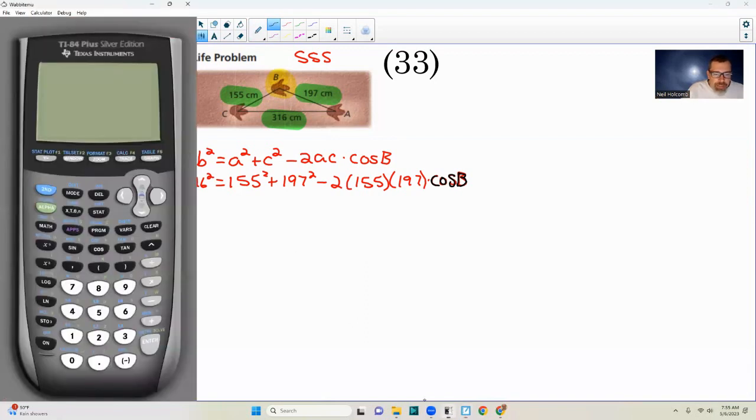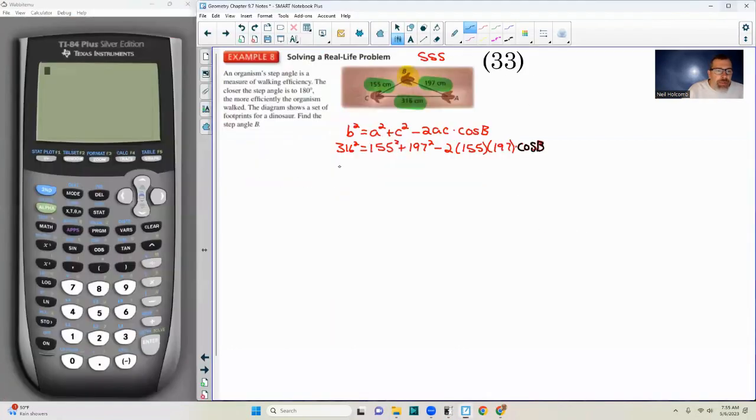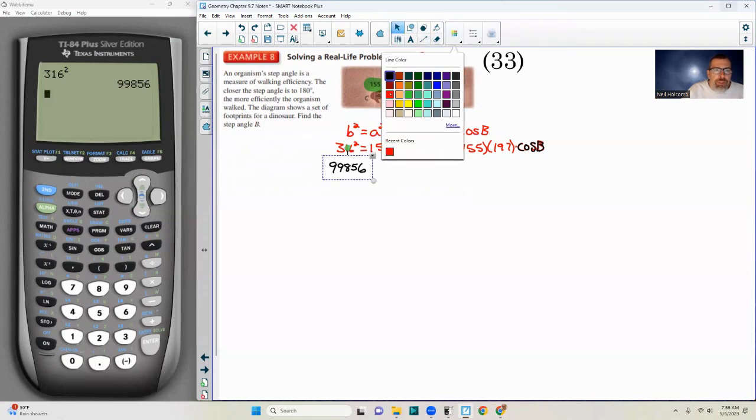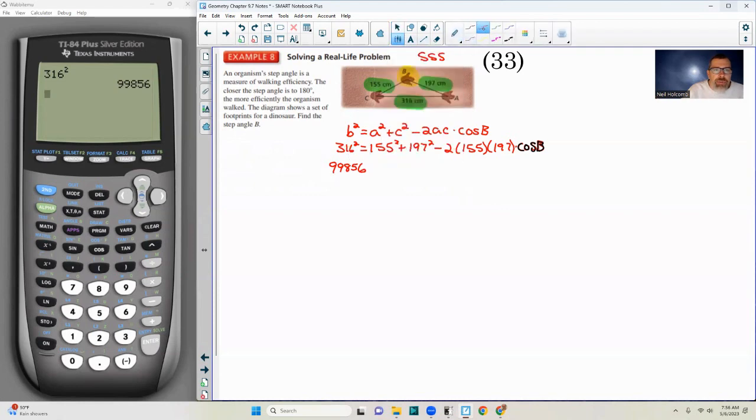Okay, so these are some pretty big numbers. So let me get my calculator out, turn it on, clear, and here we go. 316 squared, enter, 99,856. Sorry, I wanted that to be red here, so let's change it to red and continue with red.